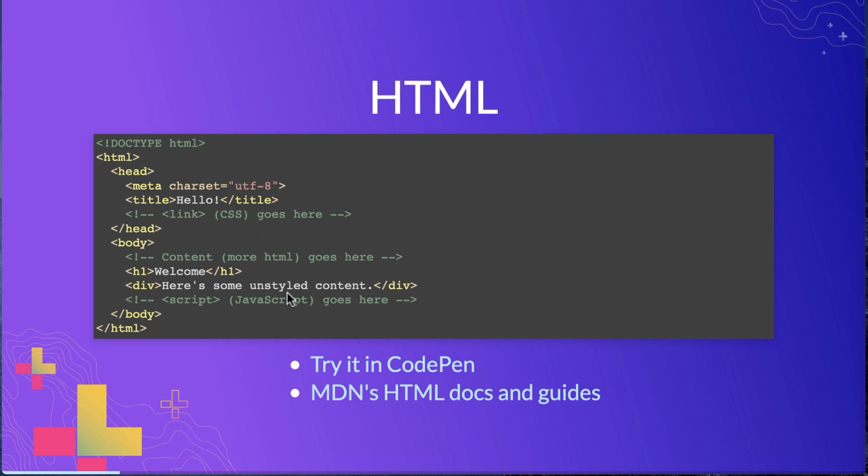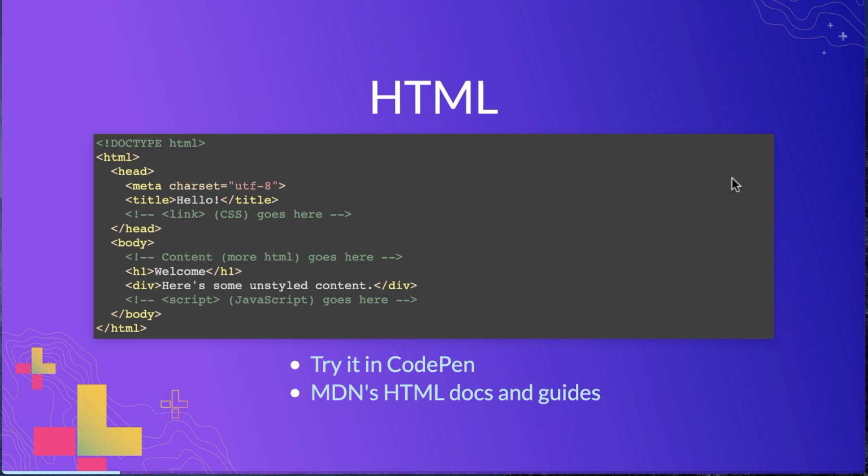So if a bunch of HTML content, like what's in our body, loads before your CSS, your user is going to see your unstyled HTML flash on the page before all of your nice typography, colors, and fonts have a chance to load. So that's not a great user experience. And also, if a script is loading before HTML and CSS have loaded, the page will be blank and it'll appear to be blocked while that script runs. And that's also a bad user experience.